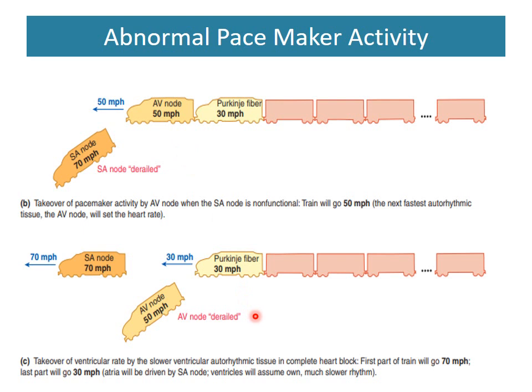Look at here below. Similarly, if the second engine, the AV node, breaks down, the Purkinje fiber takes over the pace at a much slower speed, 30 miles per hour. And what happens is that the SA node or atria continue to beat at the typical faster rate or pace.